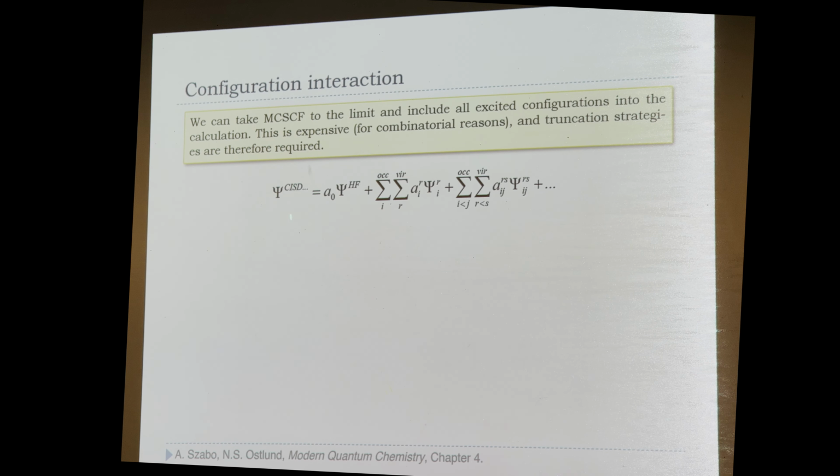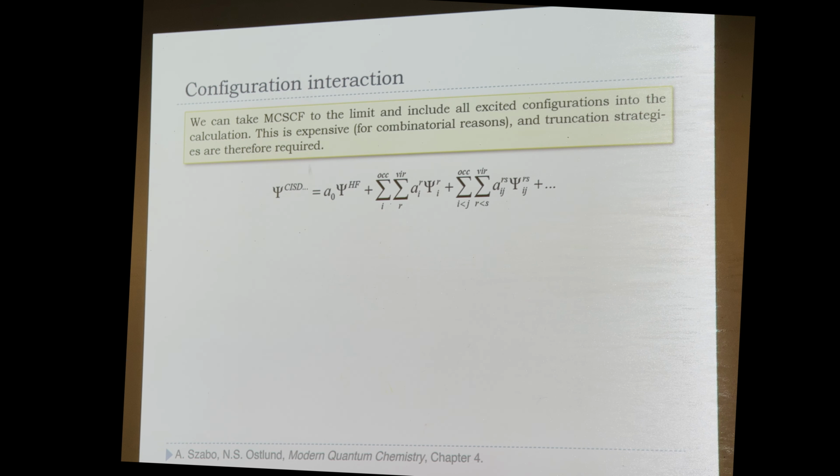We say, okay, our total wave function is our Hartree-Fock reference plus the sum over all first excited states, second excited states, and we vary these coefficients until the energy goes to the minimum by the variational principle. That's the correct solution. And if you take this to infinity, you will get the exact solution to Schrödinger's equation.